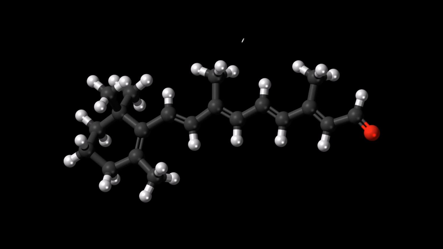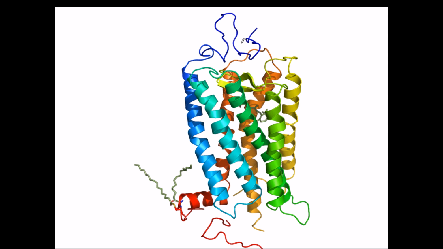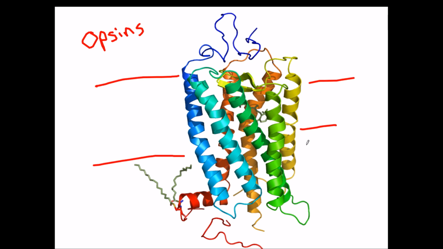So trans-retinol, or cis-retinol, whichever the case may be, is bound inside this protein. This protein is a class of proteins called opsins. Now, opsins are transmembrane proteins, so this would be in a membrane area like this, and they have these 7 helical transmembrane domains that go through it.